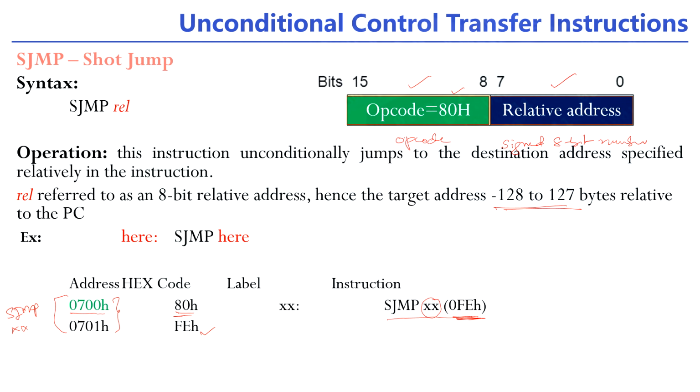While executing this instruction, the PC will have 0702H. Why? Because PC always points to the address of the next instruction. But we specified the relative address in the same instruction. So to generate the same physical address, here we placed -2.